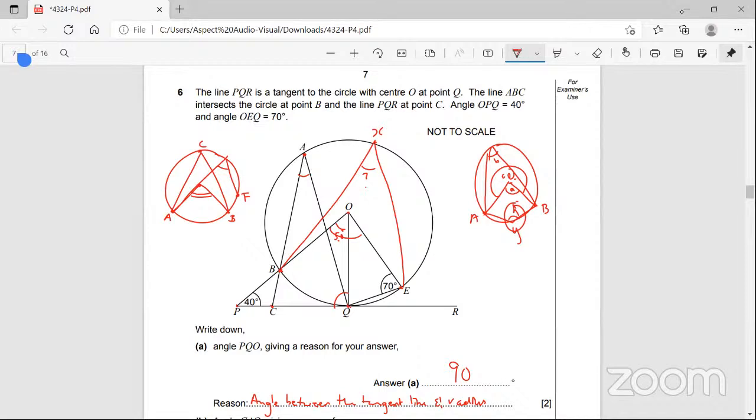Because this angle here is coming from A and F. It's not coming from A and B. So for it to be inscribed, it must come from the same 2 points meeting at the center, the same 2 points meeting at the circumference. If it's not the same 2 points, then it's not an inscribed angle. Are we together? Are you guys follow this? Yes.